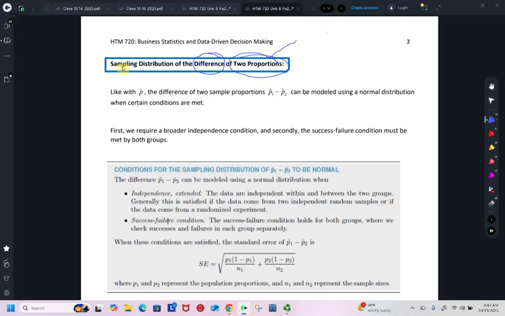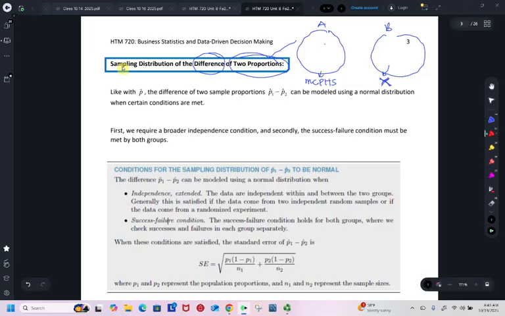In other words, if we identify a population A and a population B, let's say population A is the population of all students at MCPHS, and population B is the population of all students at another university X. Our interest might be: what is the proportion or fraction of MCPHS students who own a private car compared to the proportion of students at University X who also own a private car? What is the difference between them?